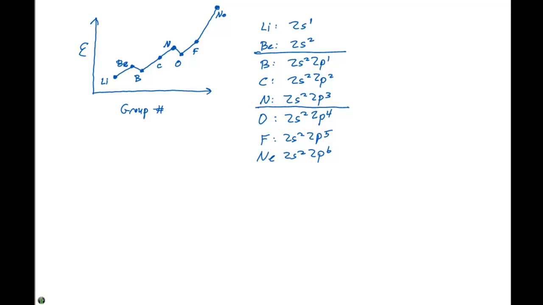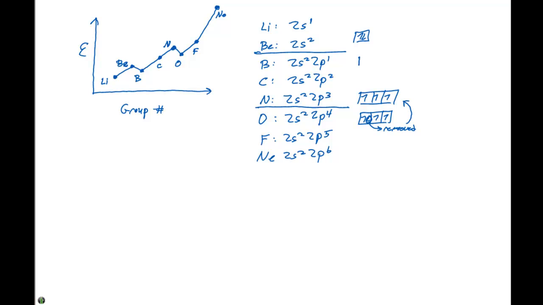The reason these gaps are here is because we find stability from a completely filled orbital, or in the case of nitrogen, a half-filled orbital. So it's a little bit more stable, and when we remove one of the electrons from oxygen, we now attain an electron configuration that gives a half-filled orbital.